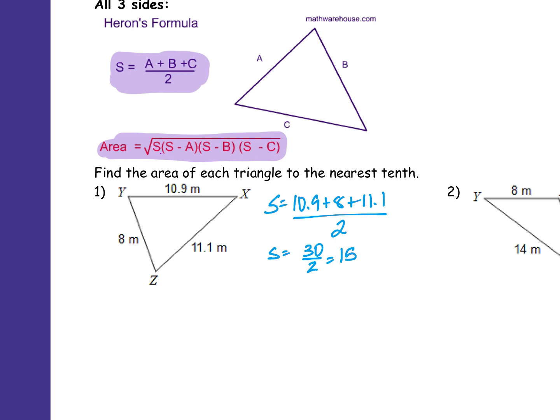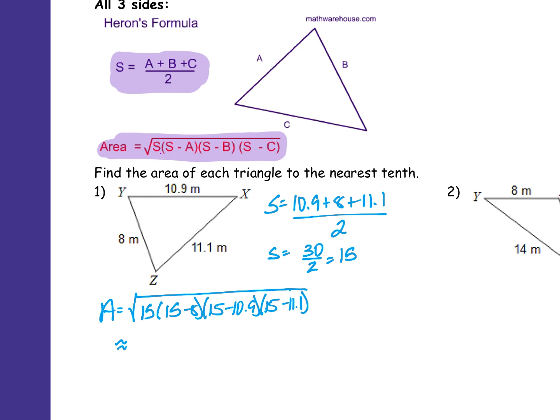So S equals 15. Then I'm going to plug that into my area formula. So area is going to equal the square root of 15 times 15 minus 8 times 15 minus 10.9 times 15 minus 11.1. And I think I'm just going to put it exactly into my calculator just like that.